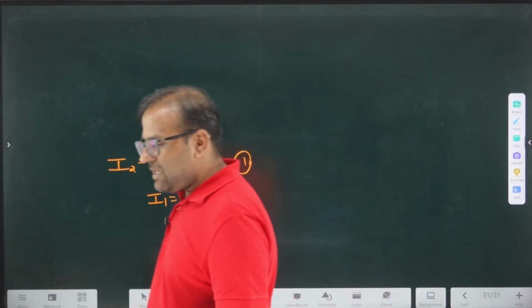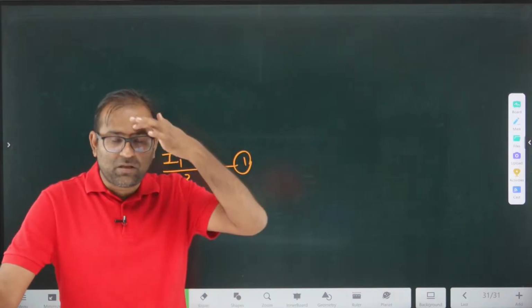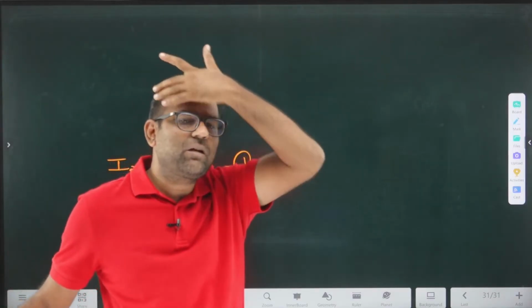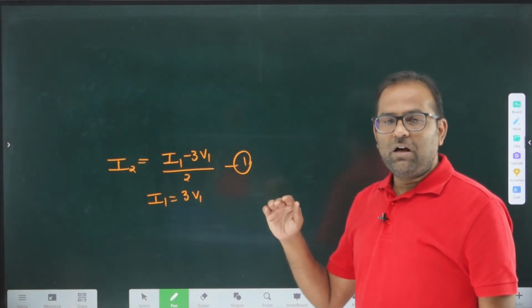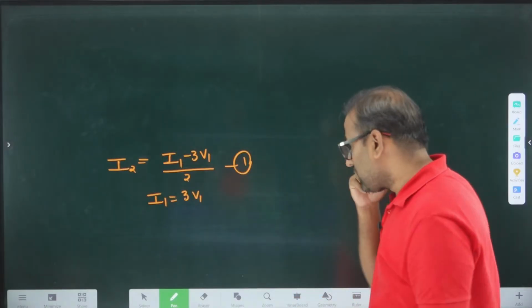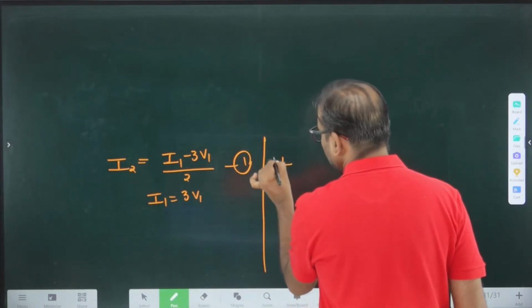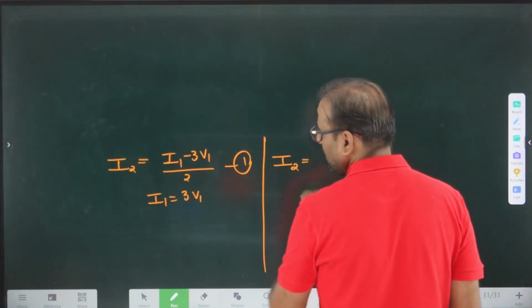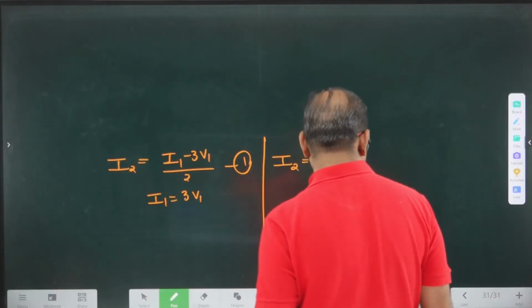What is needed when we are calculating the Y parameter? So in calculation of Y parameter, we apply the short circuit at one port and calculate I1 and I2 both in terms of V. So can I say I2 is equivalent to I1 minus 3V1.